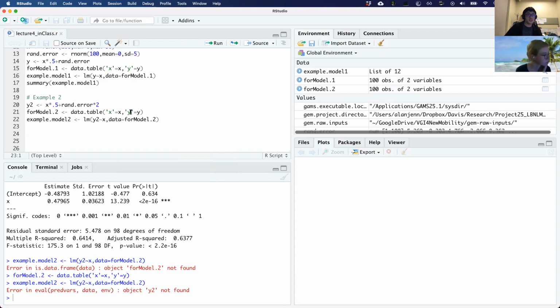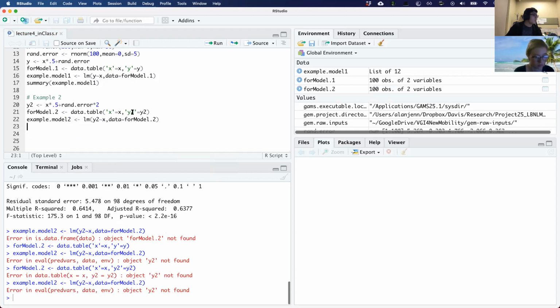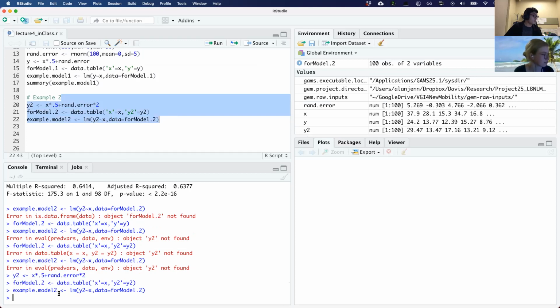I need to call this Y2. There we go. All right. And we can look at the results of this model.